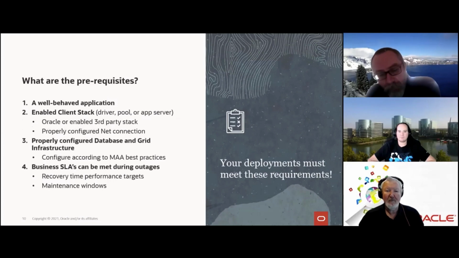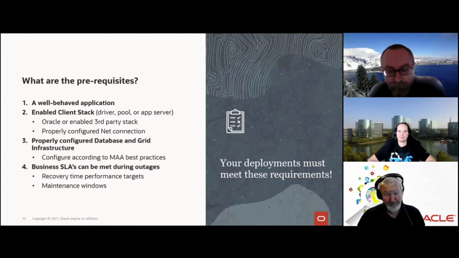So what are the prerequisites to make this work? Well, the first one, it's hard to believe, isn't it? A well-behaved application. In this case, it's pretty straightforward. Most of it's simple, at least. No XA. We can't support that. But I mentioned connections being taken from or released to the pool and returned.